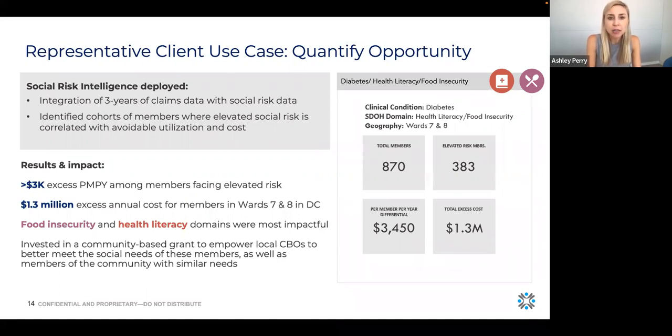And so it allows the plan to understand, not just from an abstract social risk perspective, where is the greatest opportunity, but also from some of those other considerations as well.